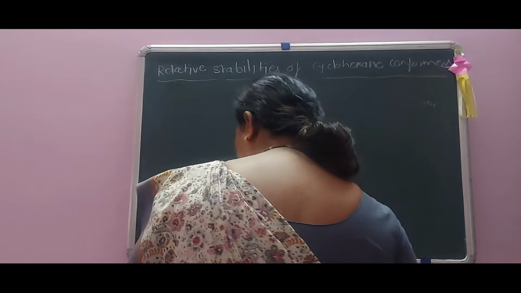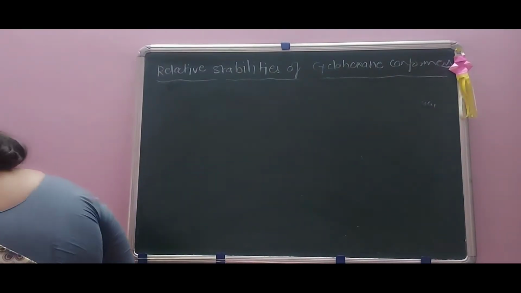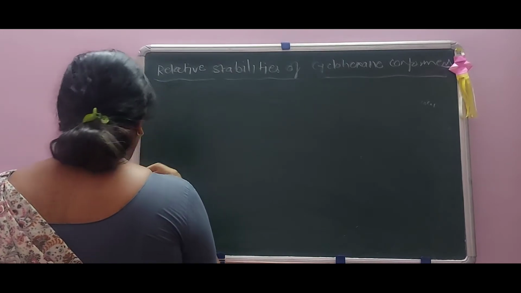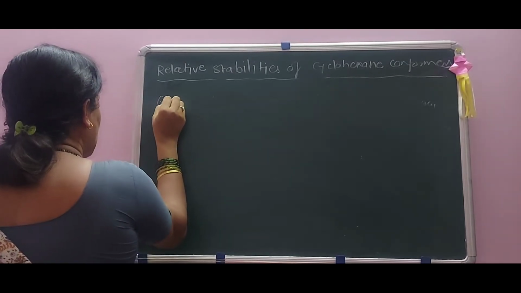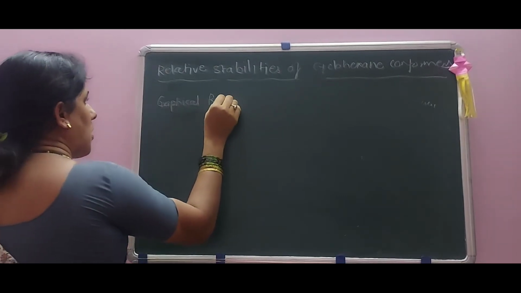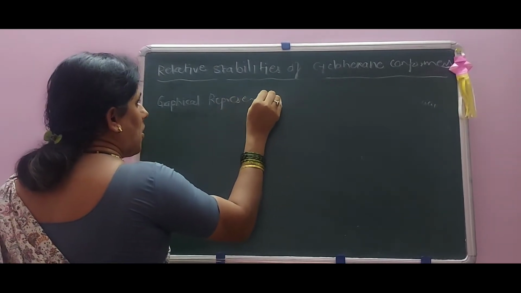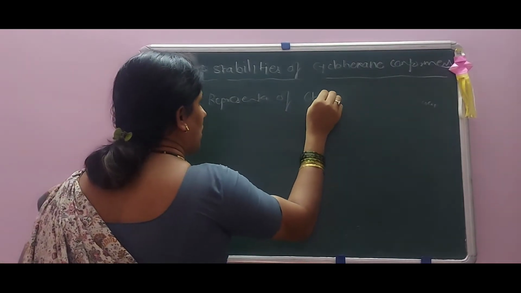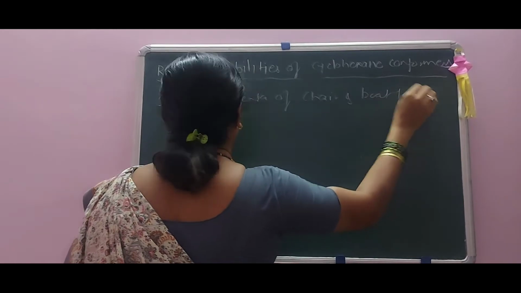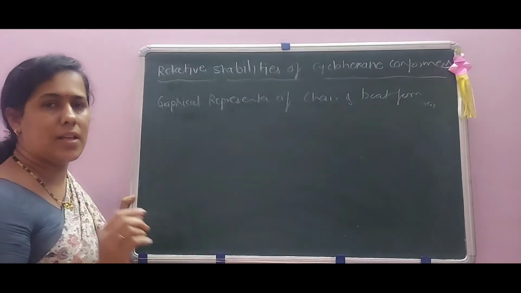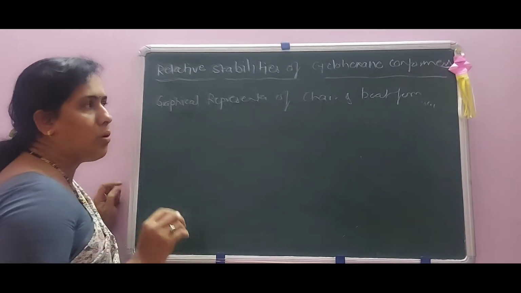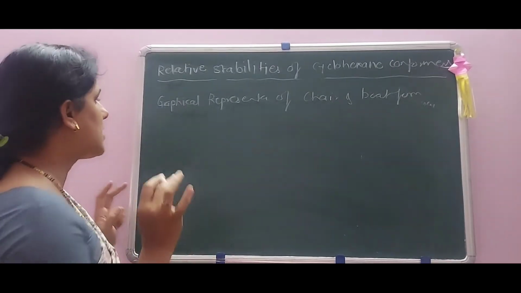The graphical representation of chair and boat form. Before seeing this graphical representation, we can look at the stability of all the conformations of cyclohexane.